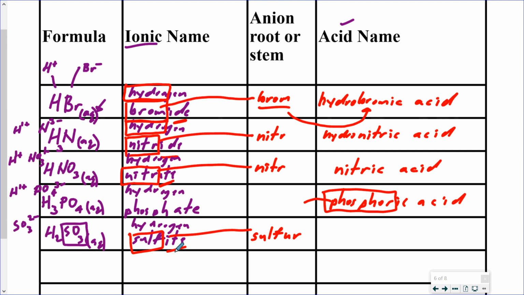Because it's the ITE ending, unlike this one here, it's not IC when we name an acid, it's OUS. It's an OUS acid. And it is a sulfurous. So a little space in there, it should be all together, but sulfurous acid.